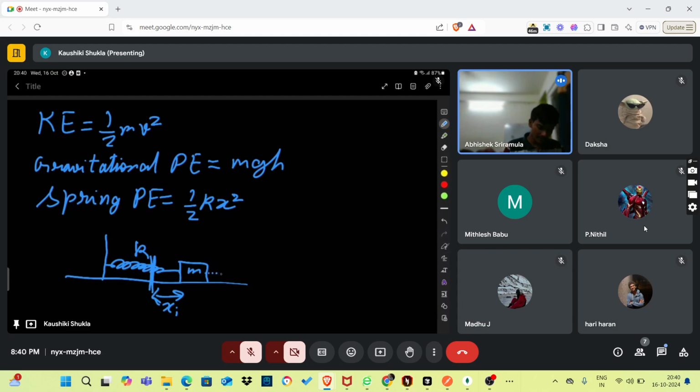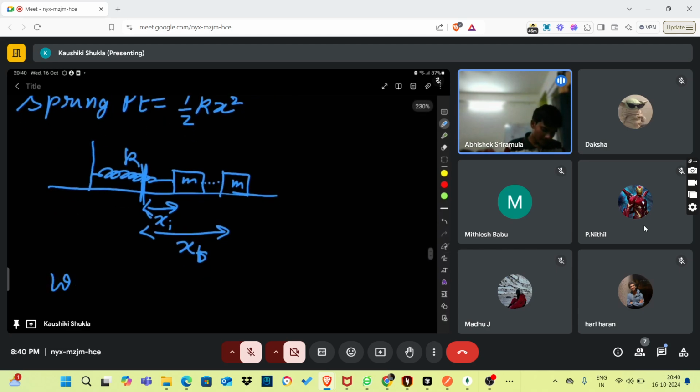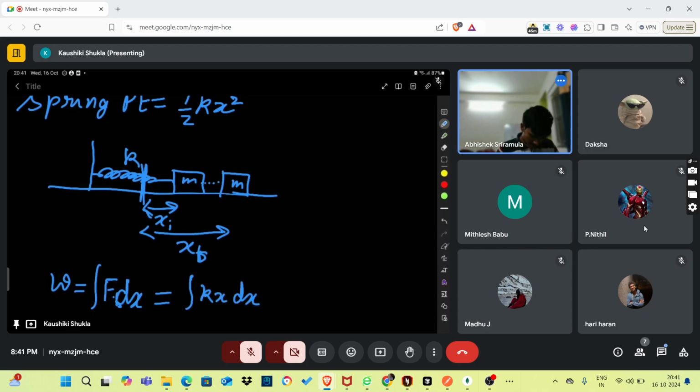Now I brought this block here, and this is the final extension. Like I said, the work done by any force is the integral of force times displacement. Here we know that the work done by the spring is the integral of kx dx from xi to xf.